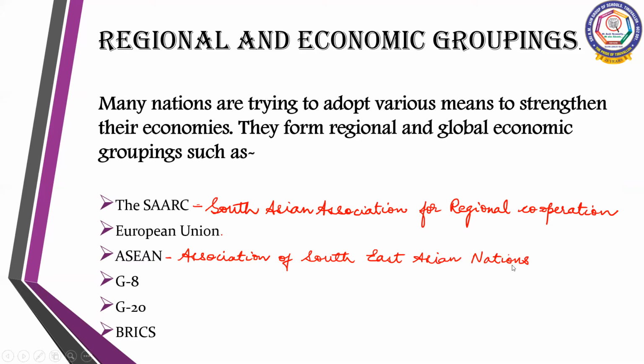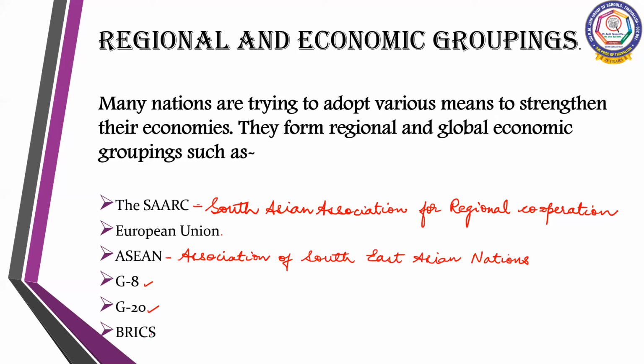It is a regional intergovernmental organization comprising 10 countries in Southeast Asia. And G8 and G20 are groupings of 8 nations and 20 nations. These groupings focus on the financial stability of the economy.